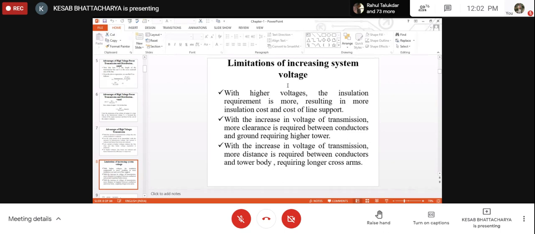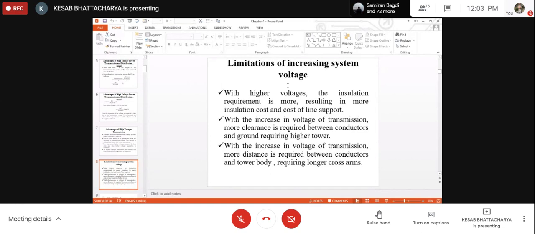So when the transmission system voltage is increased, the clearance from the ground objects should be increased at the same time. What is the net effect? You have to make clearance from physical ground more, which means you require taller transmission tower structures. Therefore, the cost of the tower will increase.